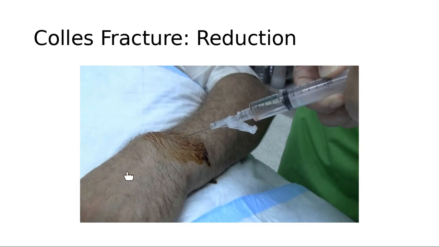And this Bier's block will cause numbness of the arm, forearm, and hand so that you can do your manipulation.